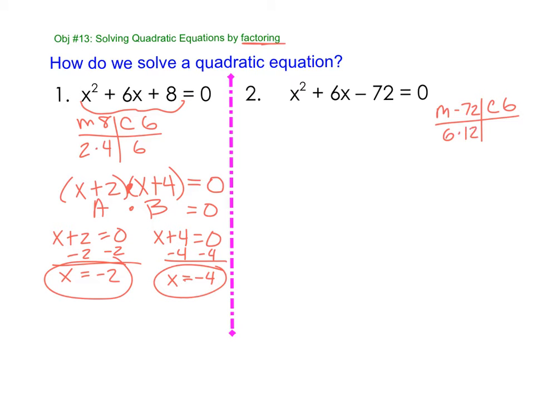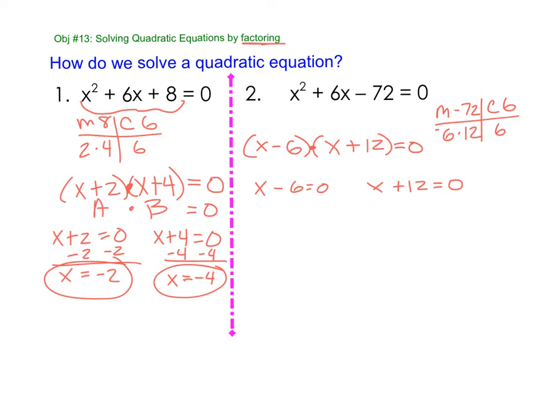All right, so number 2, factor: what multiplies to negative 72 and combines to 6? Should get 6 times 12, where the 6 is negative. So we get x minus 6, x plus 12 equals 0. Those two factors are multiplying, so I'm going to set each of them equal to 0. x minus 6 equals 0, and x plus 12 equals 0.